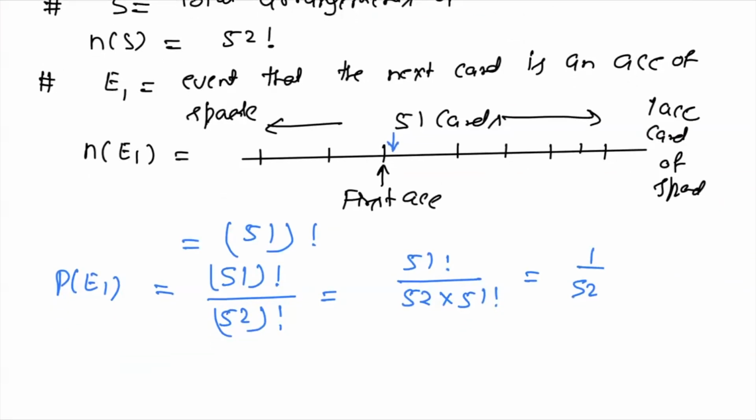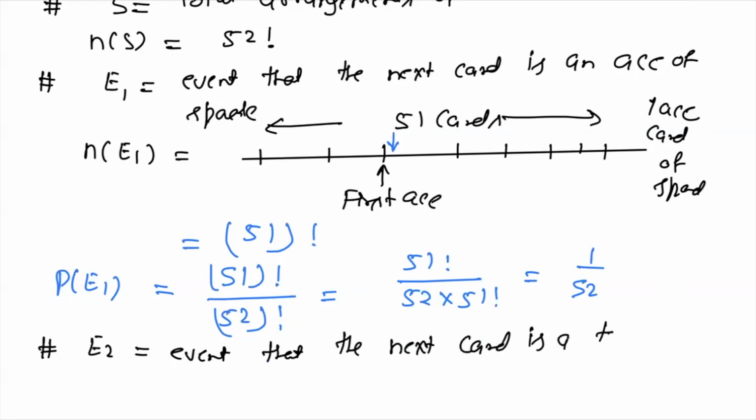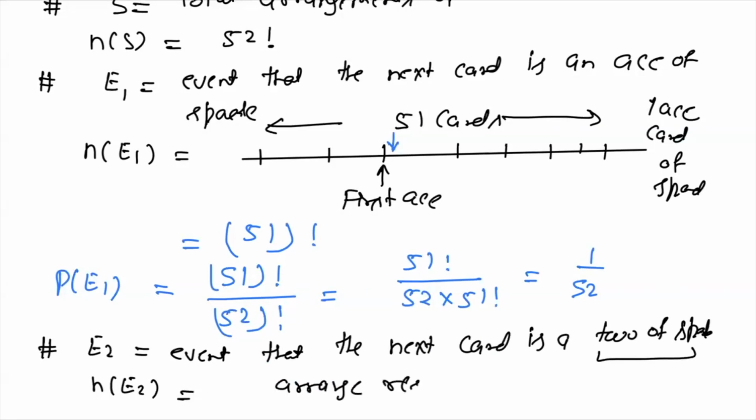If you consider the second event, assume that the second event E2 is the event that the next card is the 2 of clubs. So I need to find n of E2. Like the similar case, let me keep this card out, and I arrange the remaining 51 cards.